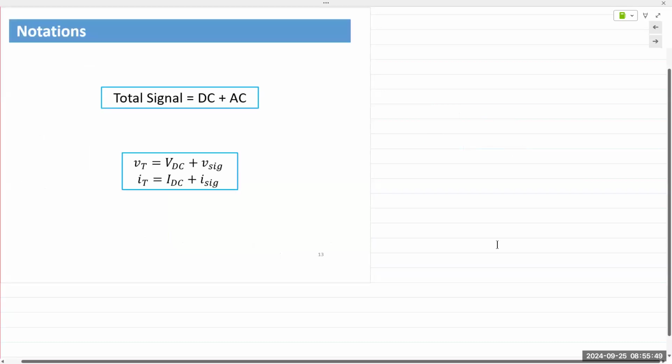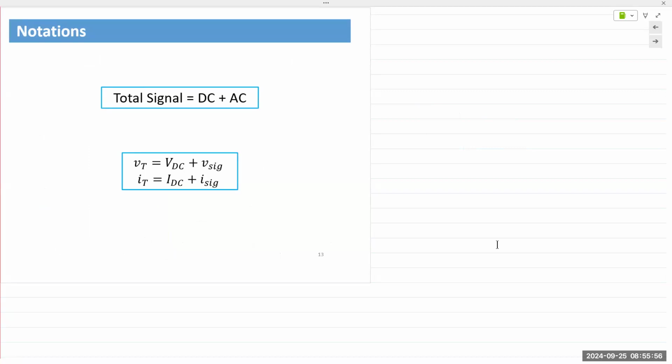So in electronics, we'll be working with both AC as well as DC signals. So the total voltage or total current appearing at any given point in the circuit is comprised of both AC as well as DC voltages. To differentiate between the two, and maybe you're familiar with this, maybe you're not, this is what we'll use.